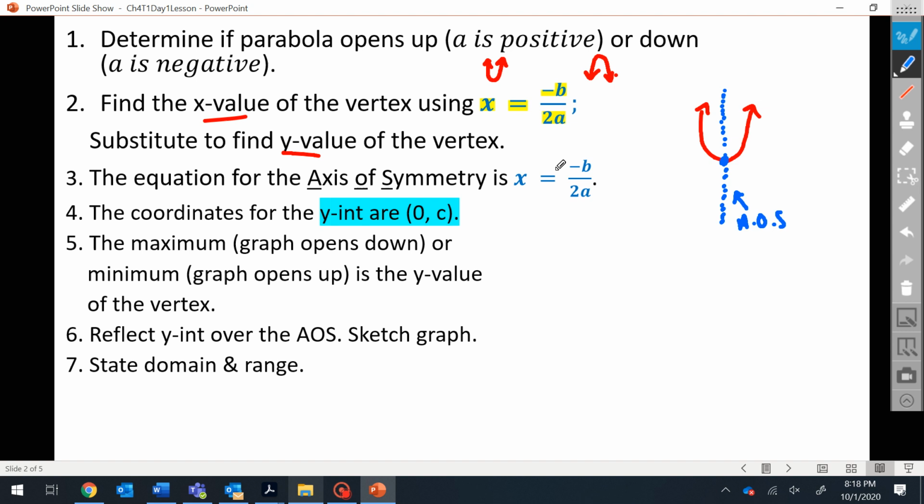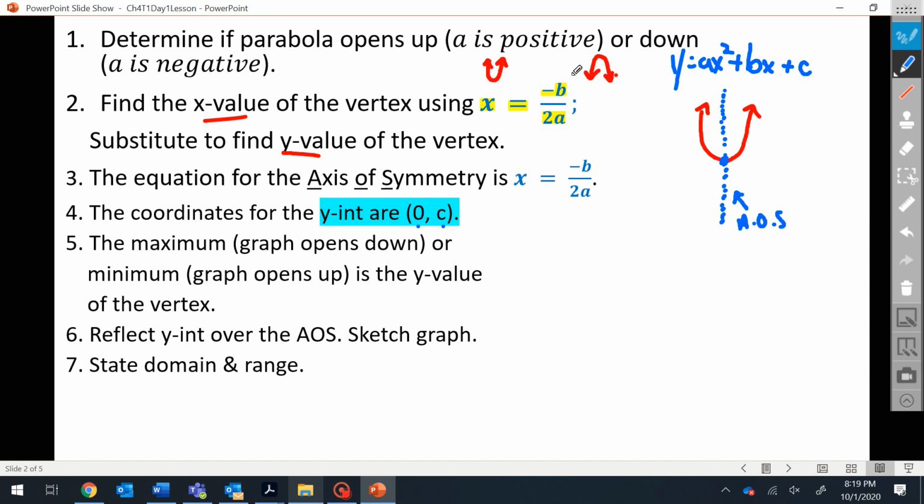And the equation for that is a vertical line, so it's x equals some number. Then we find the y-intercept. The y-intercept has an x-coordinate of 0 and a y-coordinate of c, whatever c is. Remember, this a, b, and c is coming from the equation ax squared plus bx plus c. So the c value, which is the constant, is the y-coordinate of the y-intercept, and 0 is the x-coordinate.